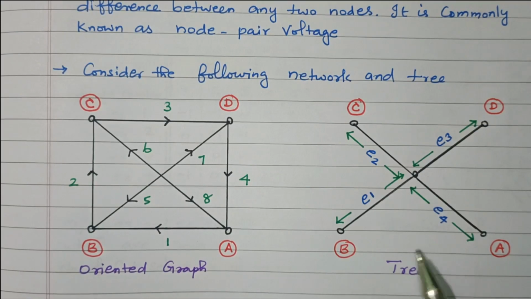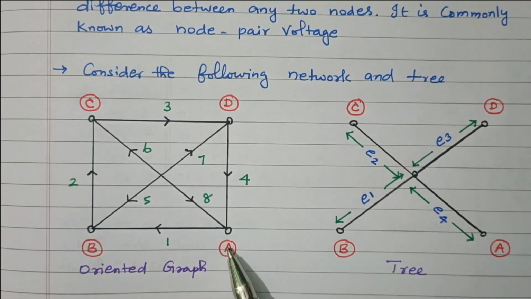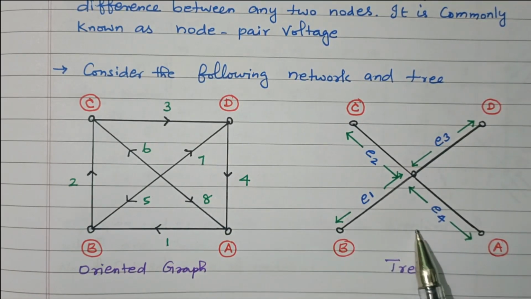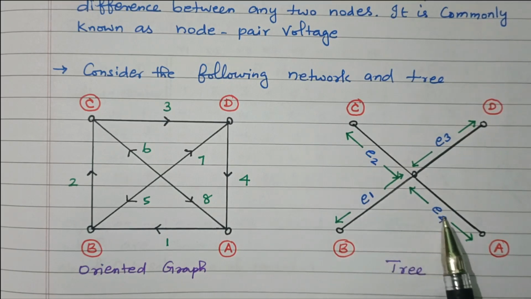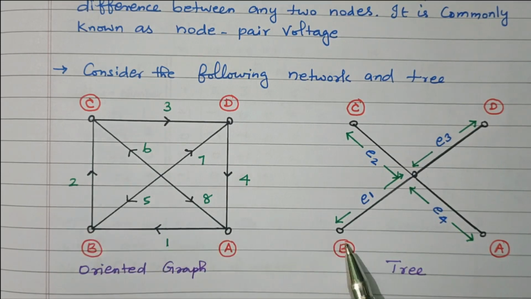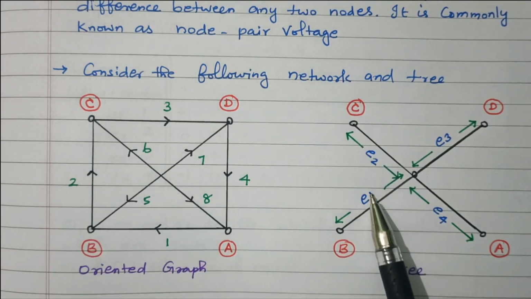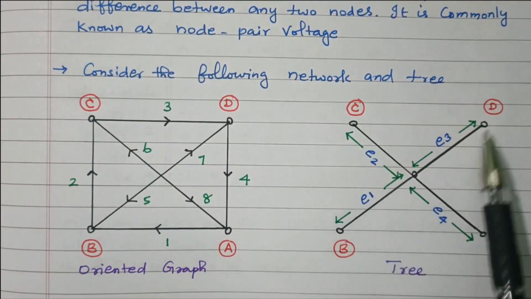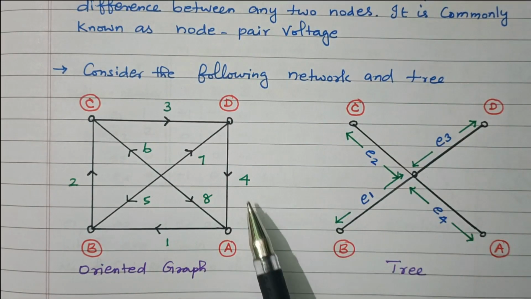Refer to this diagram. This is V1, between node A and B. Here V1 is nothing but the potential difference between E1 and E4, so E1 minus E4. Similarly V2 is connected between B and C, E1 minus E2. Then V3 is connected between C and D, E2 minus E3.